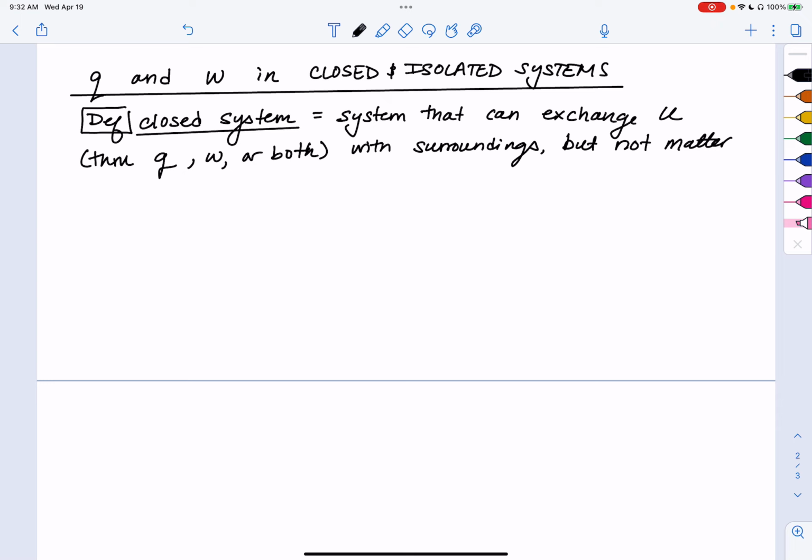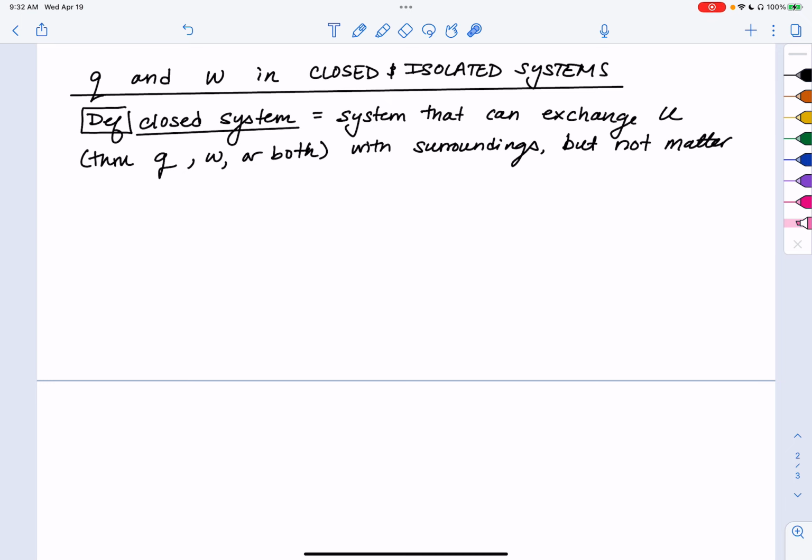So here on the board, you'll see that I have defined a closed system, which is what we're going to be looking at primarily in Chem 210 and even Chem 220. A closed system is a system that can exchange internal energy through heat exchange or heat transfer or work being done or both with its surroundings.